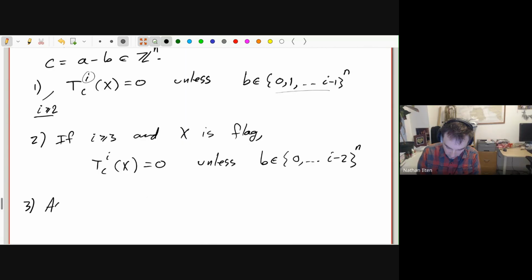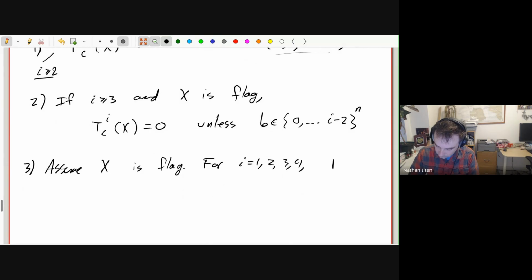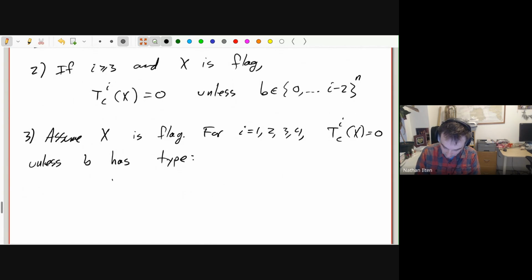So assume that X is flag, for i equals 1, 2, 3, and 4. T^i_C of X is 0 unless B has one of the following types. Okay, so it could have type 1. This can happen when i is equal to 1, 2, 3, or 4. It could have type 1, 1.